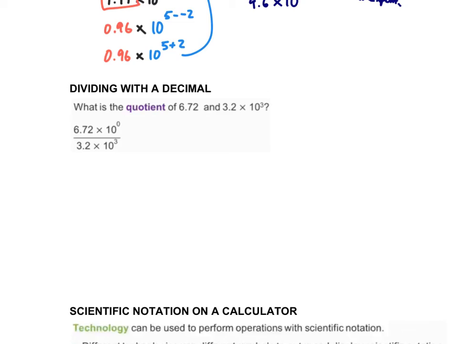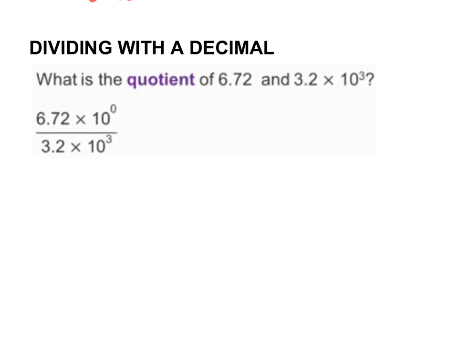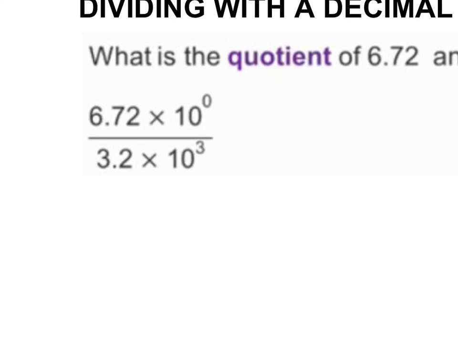All right, let's do this, dividing with a decimal. What is the quotient of 6.72 and 3.2 times 10 to the third? When I'm doing this, I just want to write it out.